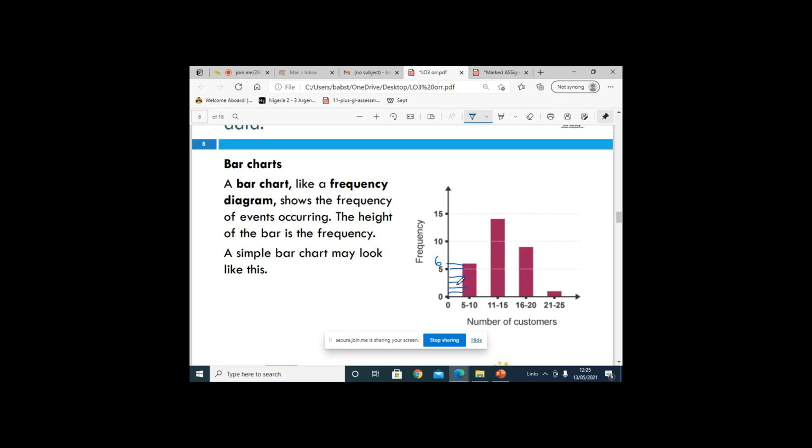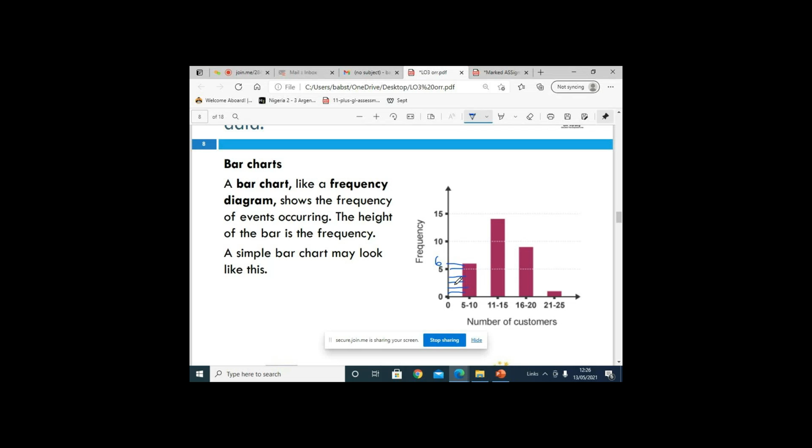You get it? So if you put a normal graph, you realize that is 6. And from 11 to 15 too, you will see that is 14. And from 16 to 20, that is going to be 9.